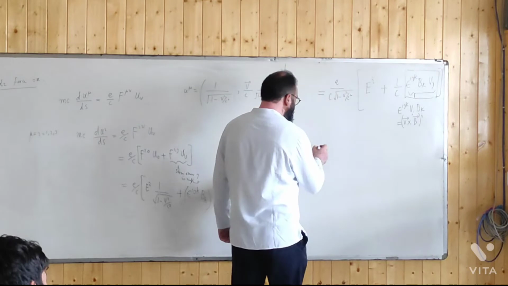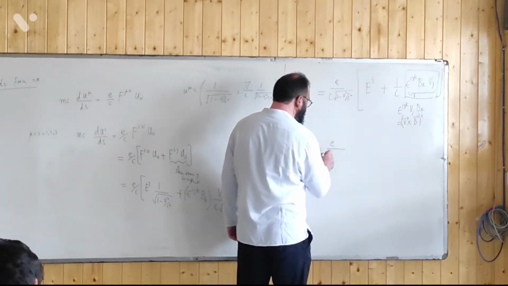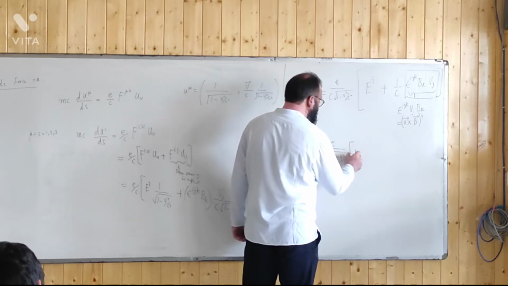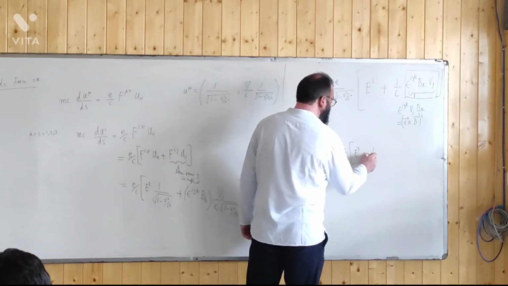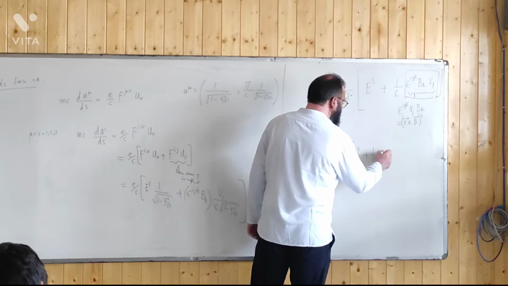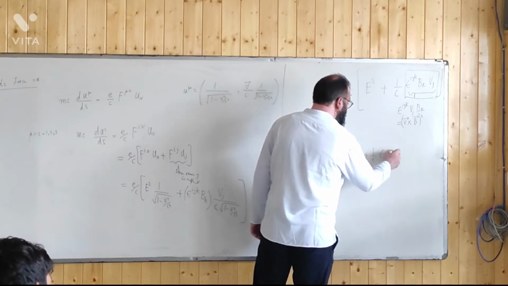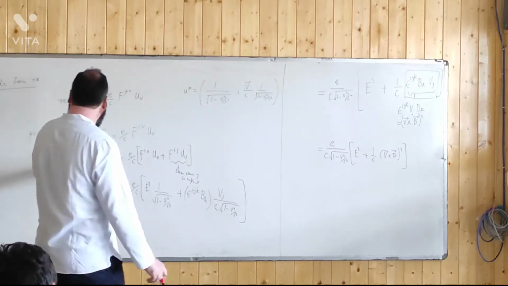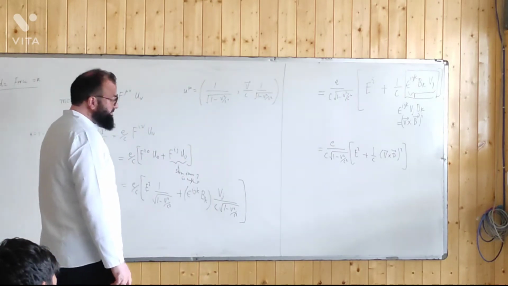Therefore I can write this as e by c root of 1 minus v square by c square times E_i plus 1 by c v cross B, the ith component. Now let's look at the left hand side of this very equation.